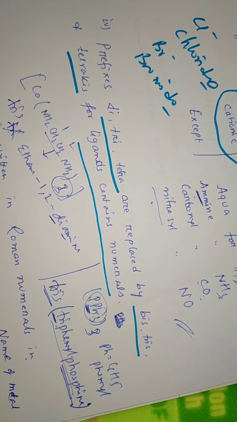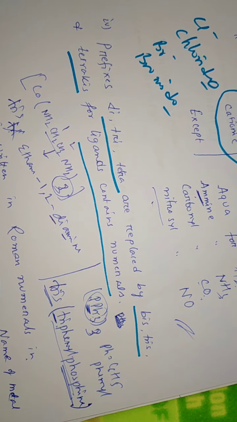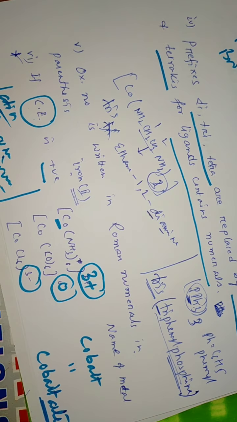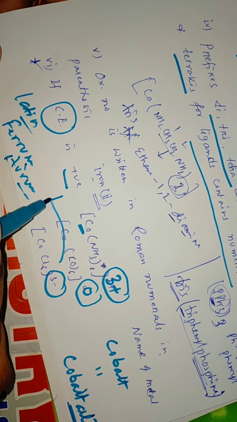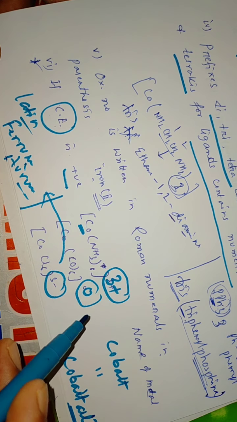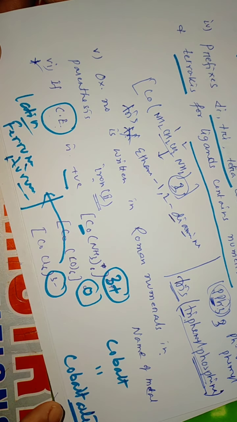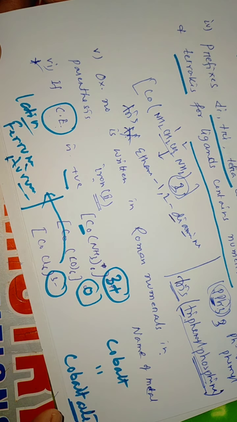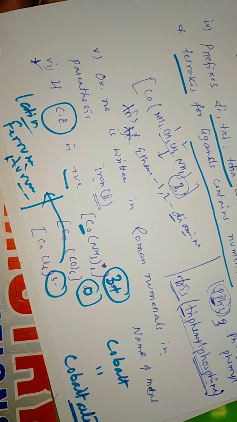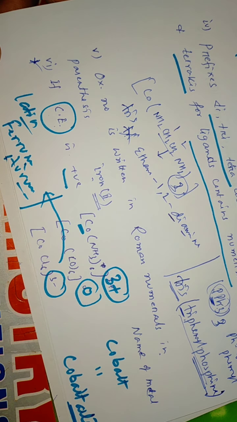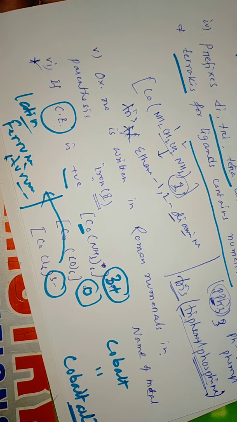For negative coordination entity we have to use the Latin name. For example, potassium hexacyanoferrate(II). We have to use the Latin name there. Neutral, there will be no change in the name. So this much, student, today.